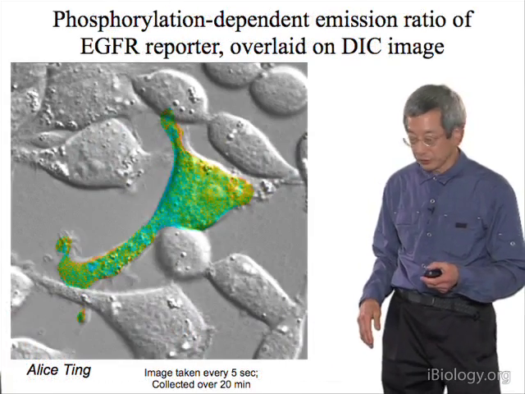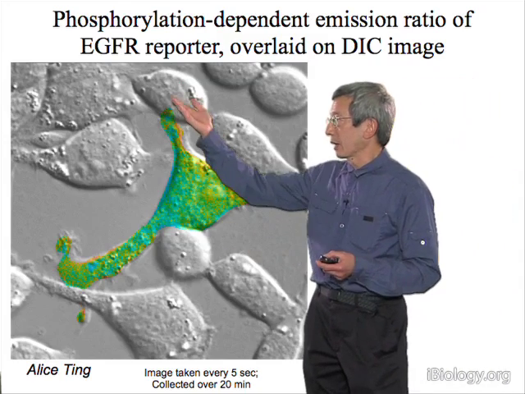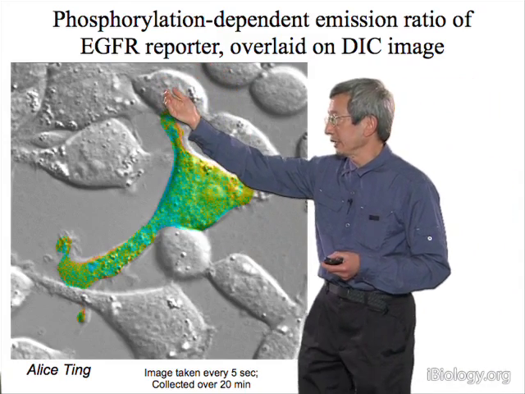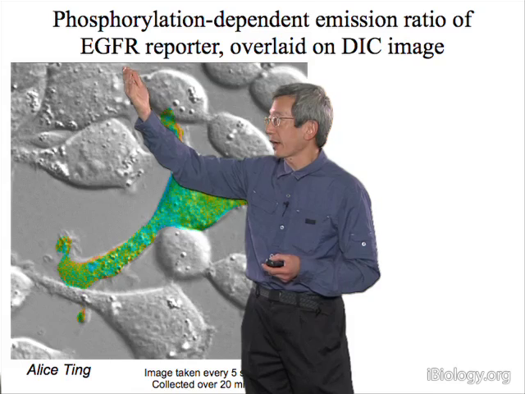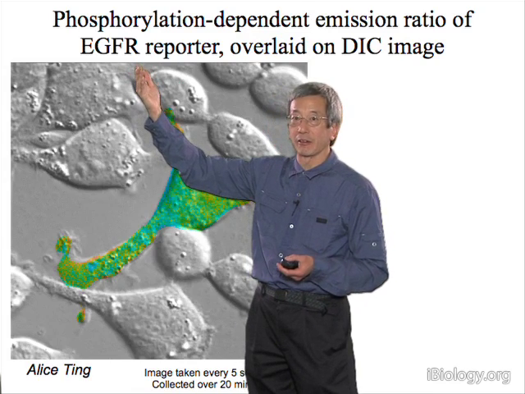And this movie is sort of cute. This is a fibroblast that is expressing a reporter for the activity of the epidermal growth factor receptor. That's a famous tyrosine kinase.